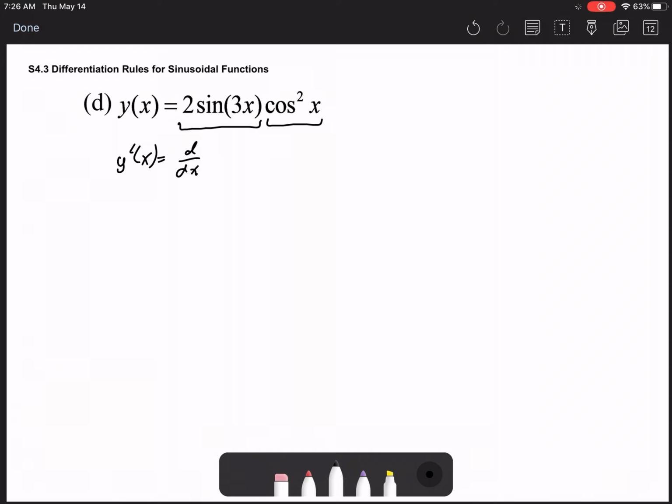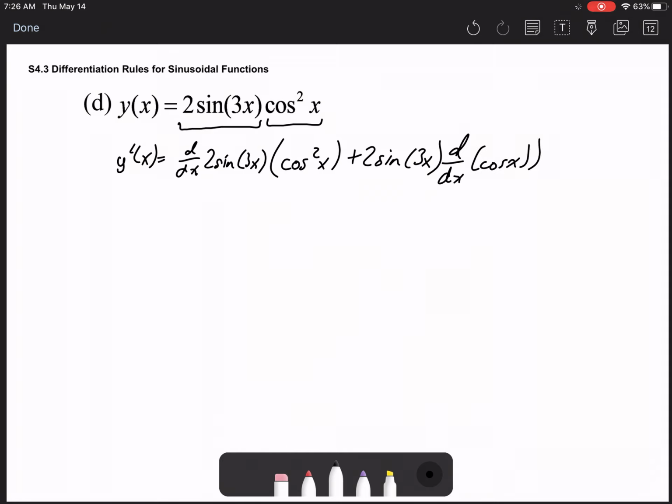So I'm going to work out the derivative of 2 sine 3x, and I'm going to multiply by cosine squared x. Then I want to add 2 sine 3x, and I would like to work out the derivative of cosine x squared.